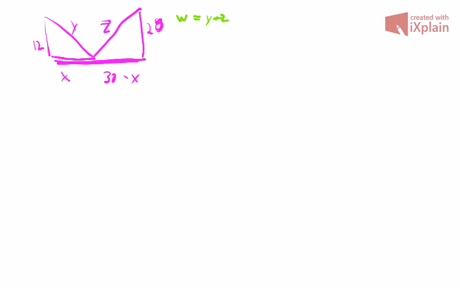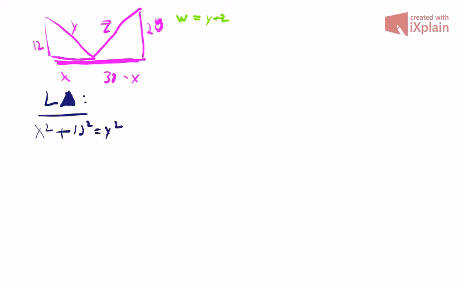Now this is where our favorite thing in the world comes in, geometry, because we love geometry, don't we? We're going to use the left triangle, which is x squared, because there's an x right there, plus 12, which is a side given, squared, equals y squared.